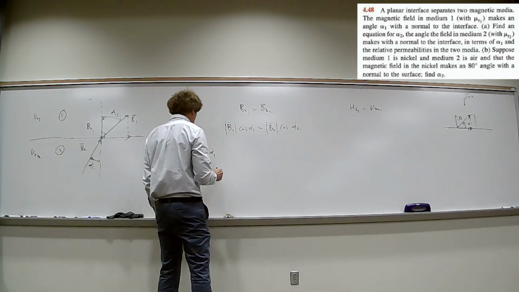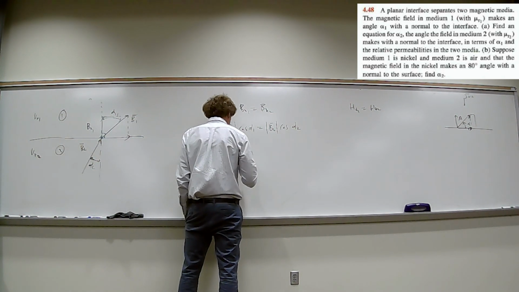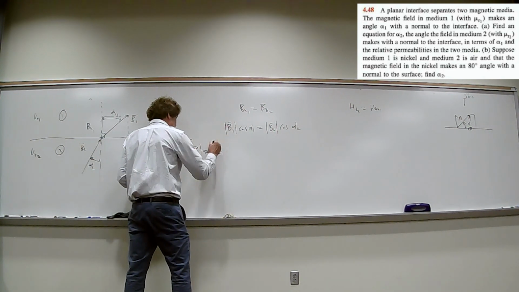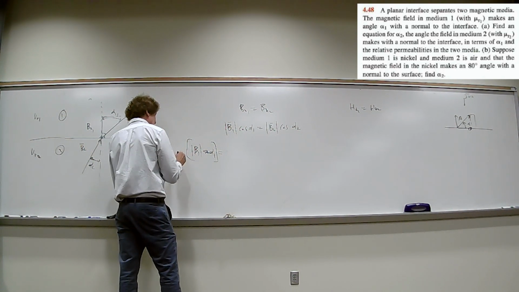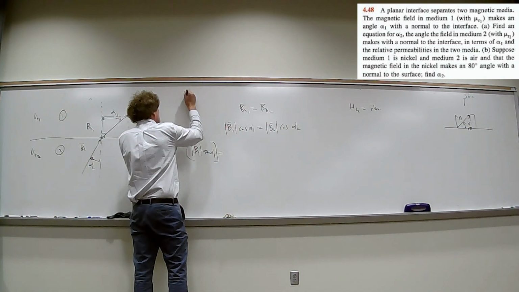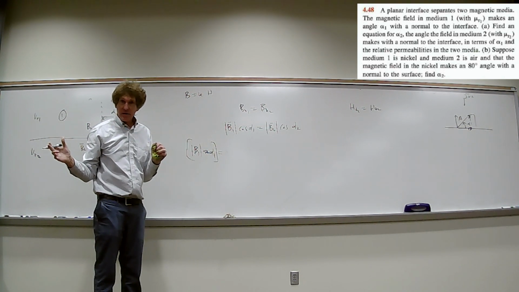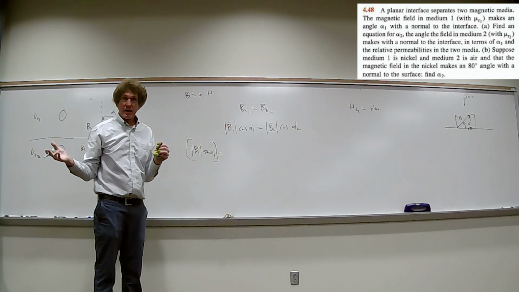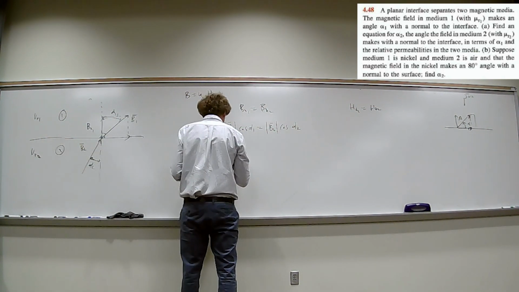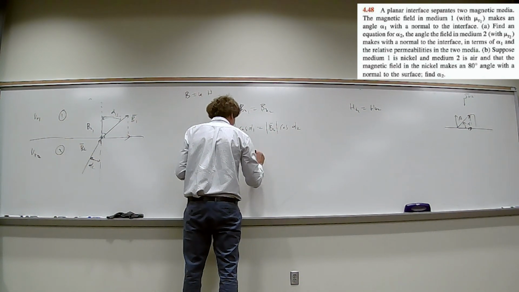Now that has to be equal to what? Well, B is mu H, right? Y'all follow me, class? So over here, I've got the B field. I can say that's mu relative 1, mu 0, times H tan in region 1.